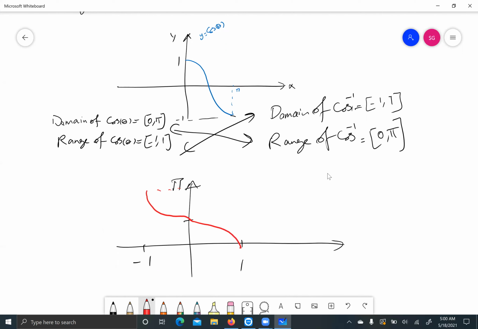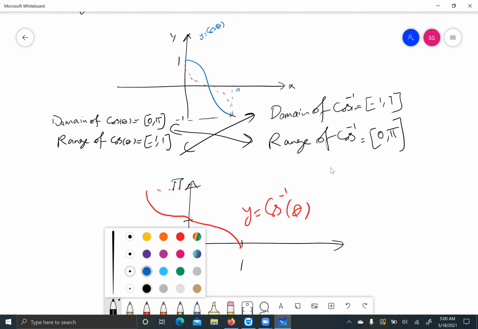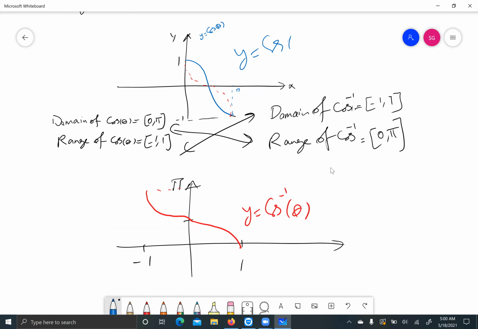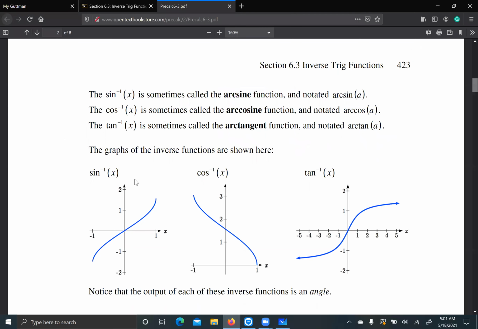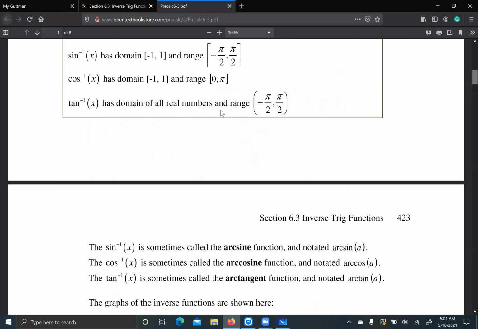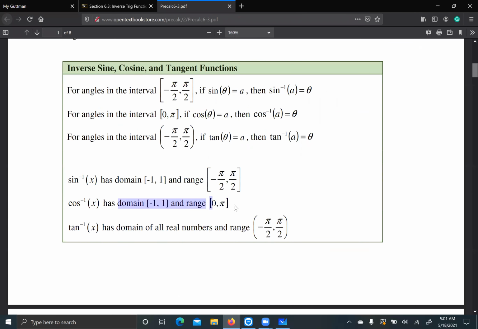Because I know that it should be something like this, right? But at a different place of this coordinate system, because we are switching the x and y. So that's the graph of cosine inverse of theta. And this is the graph of cosine of theta.